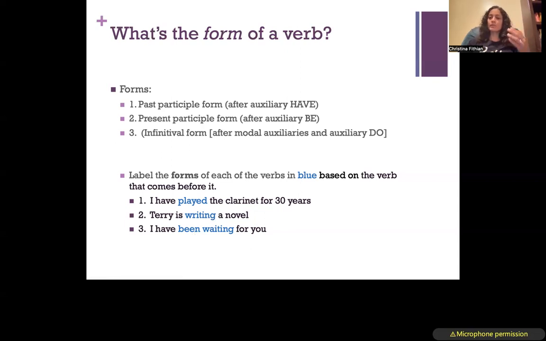It's not is or was, it's been. Well, let's keep looking to the left. What we see is we have auxiliary have. Okay. Well, if we have auxiliary have, then that means the form of the verb after it, in this case another auxiliary, must be in what form? Past participle form. And sure enough, been is in past participle form. It's the past participle form of be.